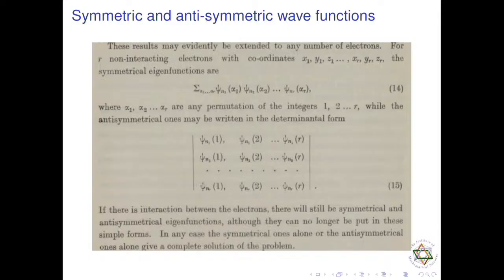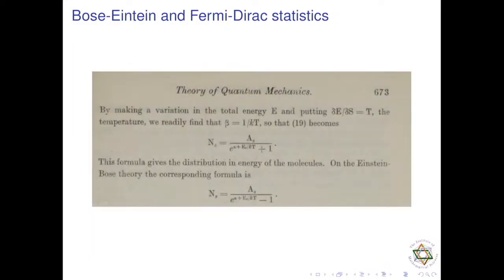So the determinantal form we had already written. Then he's also derived both the Fermi-Dirac distribution and the Bose-Einstein distribution for the cases with symmetric and antisymmetric particles.